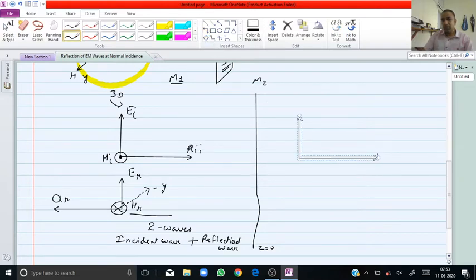This is your transmitted wave. Transmitted wave has the same direction. So in this way you can say that the transmitted wave has E in the same direction, with the transmitted propagation vector aT in the same direction Z, and H is in the same direction, that is Y. This is your transmitted wave.